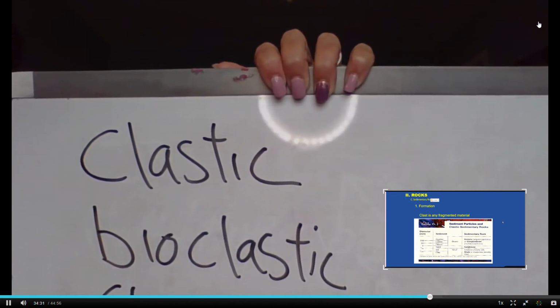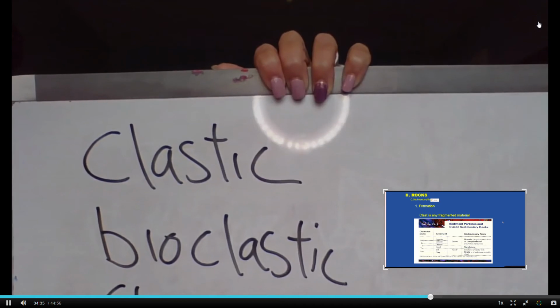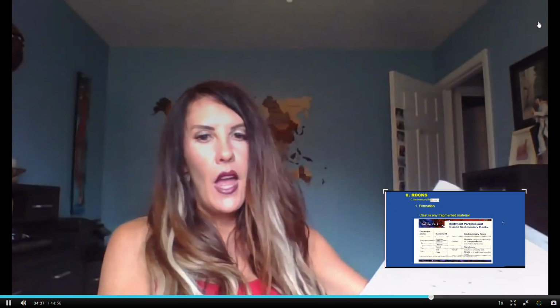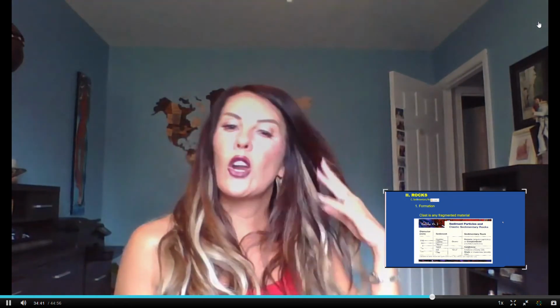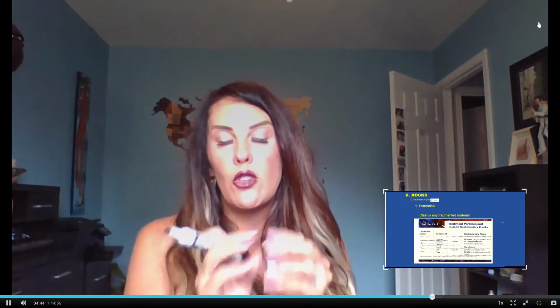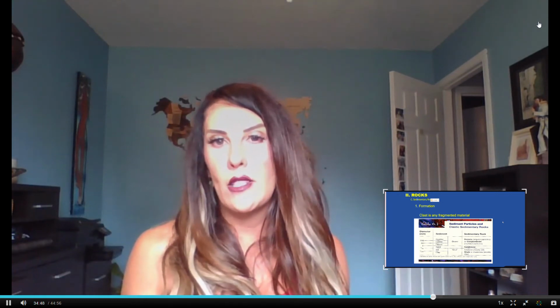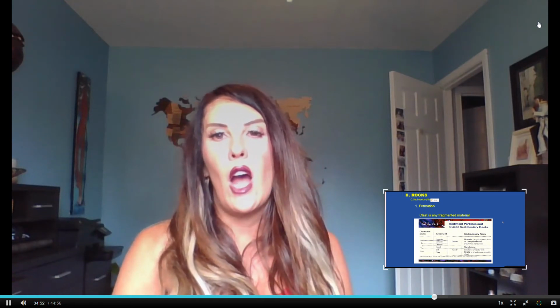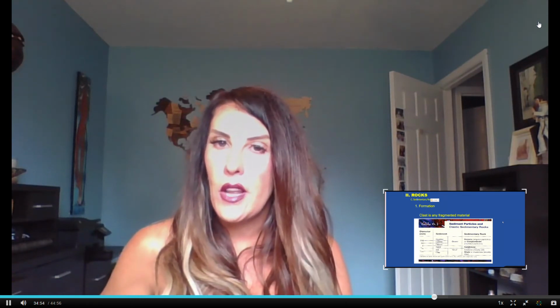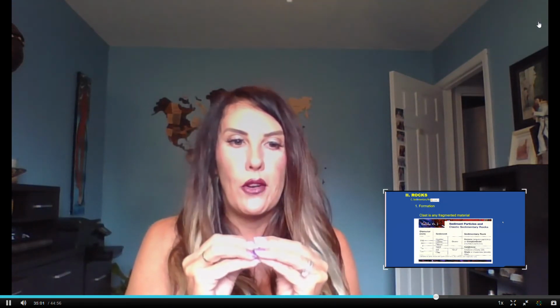Those that are clastic are composed of individual grains of sediment, and you can see on this chart that those individual grains can range in size. You might have heard of a sedimentary rock called sandstone. Sandstone is made of sand-sized particles that are cemented together.